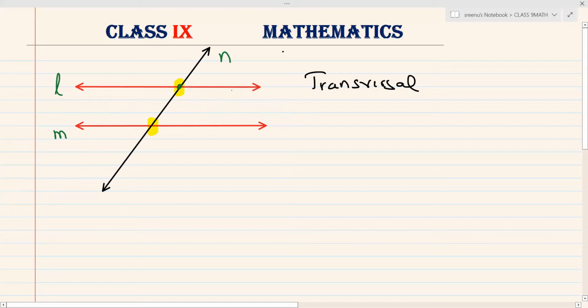According to the textbook, I will write 1, 2, 3, 4, 5, 6, 7, 8. So totally 8 angles are formed here.